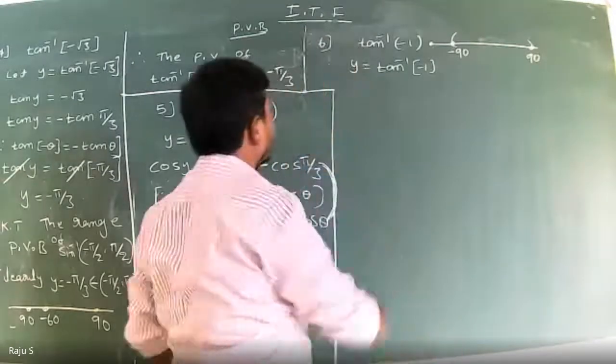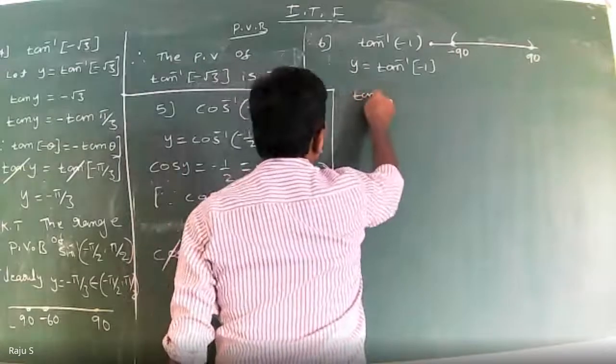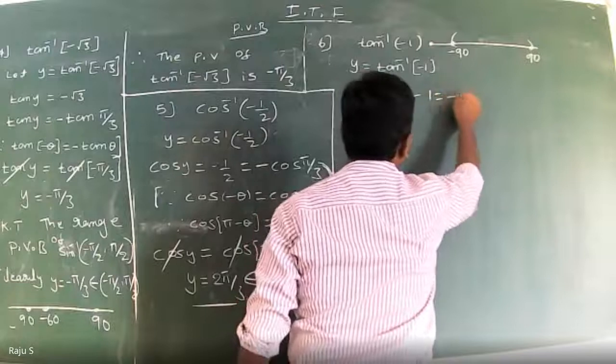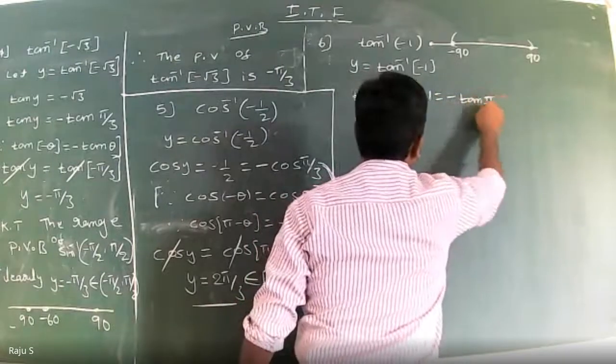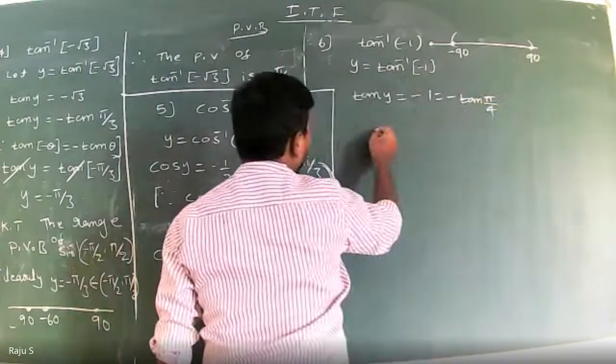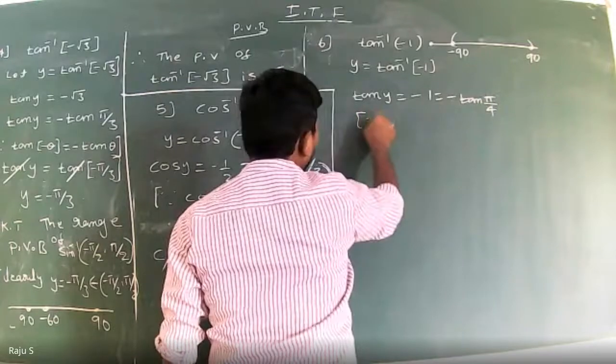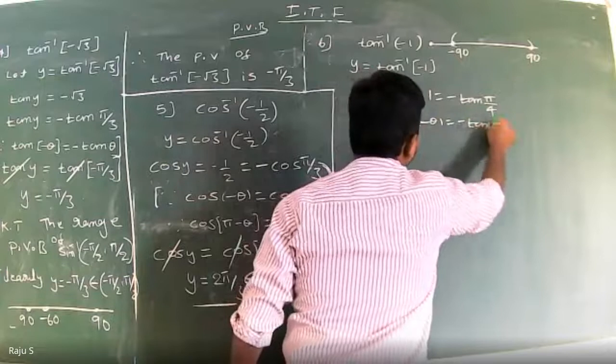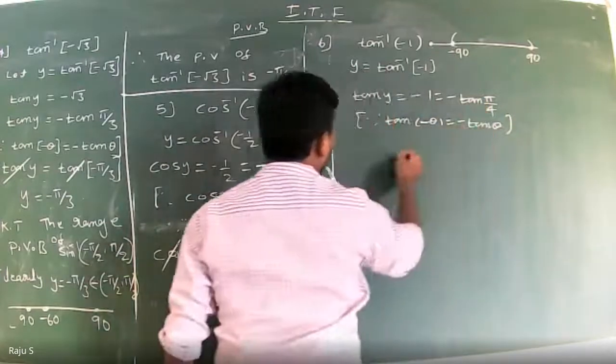Okay, let's see here. So tan y is equal to minus 1. Minus 1 can be written as minus tan 45, that is pi by 4. So now we cannot cancel directly. Since we know that tan of minus theta is equal to minus tan theta, and the right side is in the form of minus tan theta, take the minus inside.